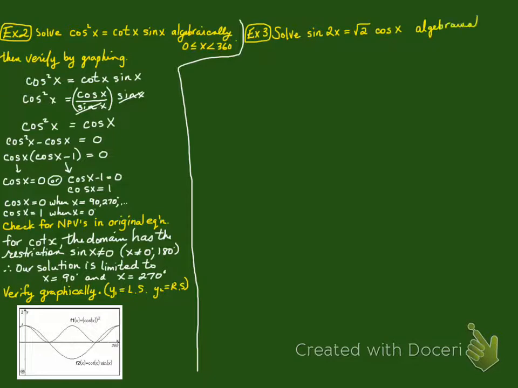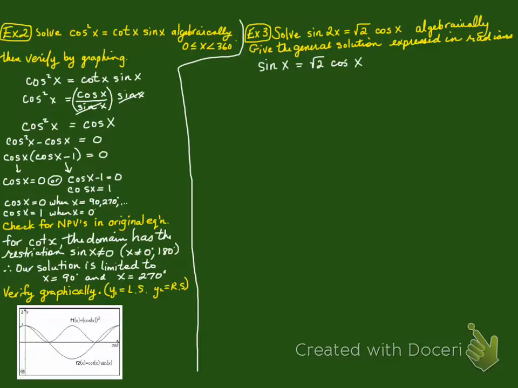Example 3. Solve sine of 2x equals root 2 cos x algebraically. Okay, this time they're asking us to give the general solution expressed in radians.